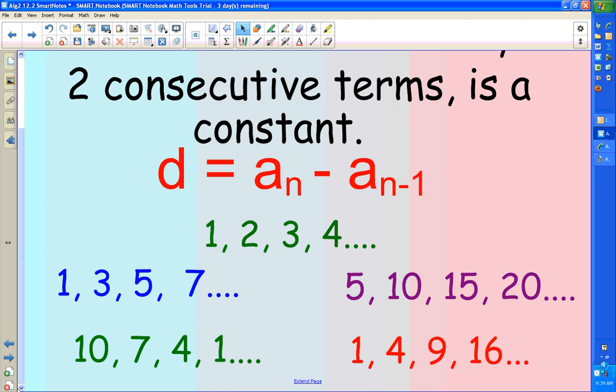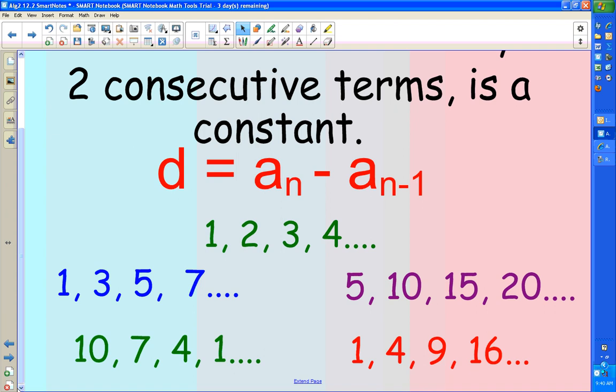To get from the first term to the second term, what are you doing? Adding 1. So take any term and subtract the previous term. 4 minus 3, 3 minus 2, 2 minus 1. The common difference, d, is going to be 1.